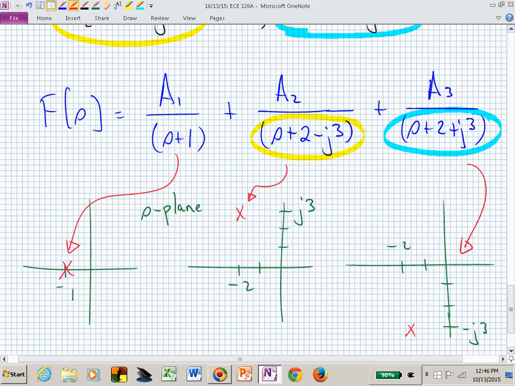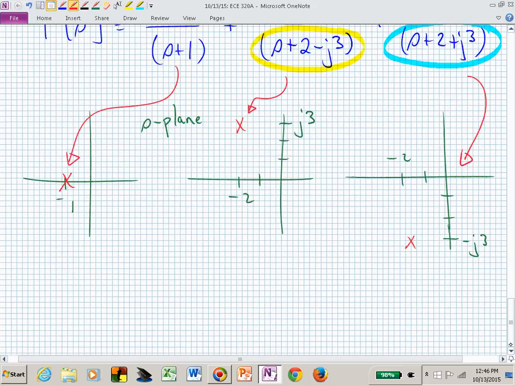That's why I'm emphasizing where these are with the 3 different S-plane poles. But typically, no, you would not have all 3 of those S-plane pictures for one partial fraction expansion. You would put all of those poles in the same S-plane. Did that answer your question? So that was the justification for why I did that.